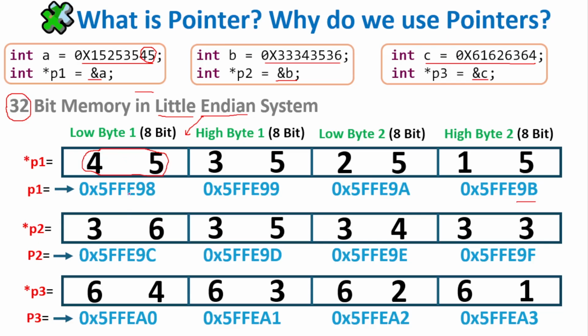Pointers make programs more efficient by avoiding unnecessary data copying, allow functions to modify original variables, and form the foundation of arrays, strings, and dynamic memory allocation in C. Most importantly, they give us low-level control over memory, which is what makes C powerful for system-level and performance-critical programming.